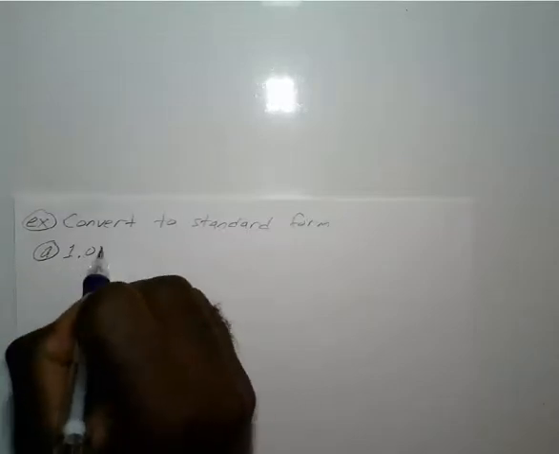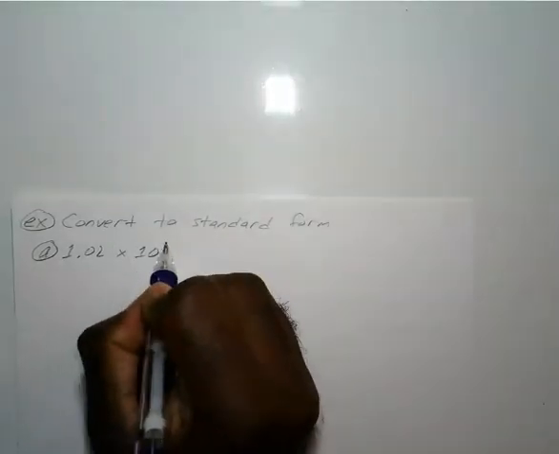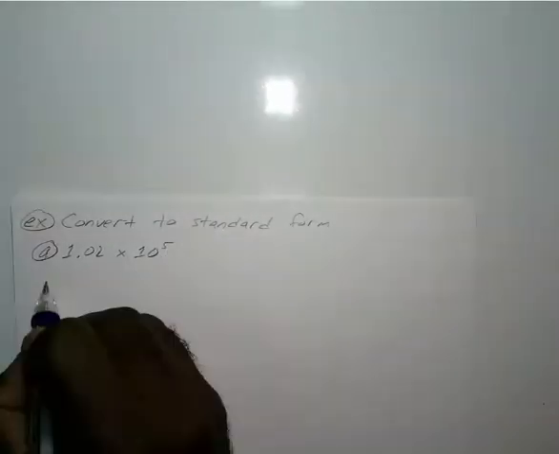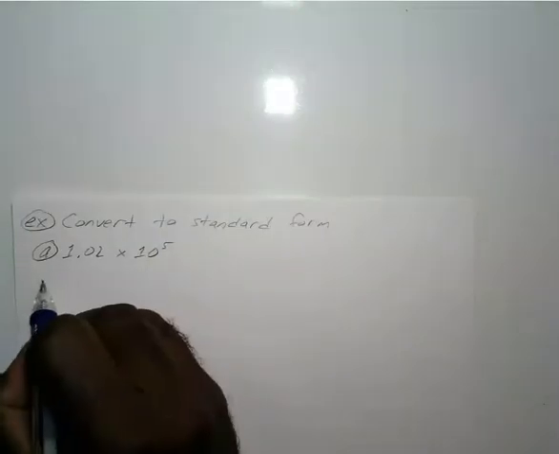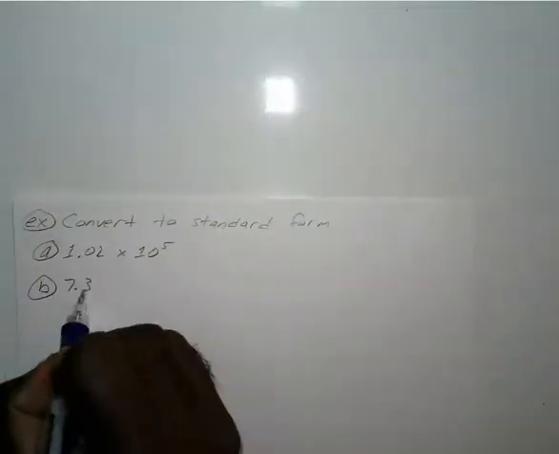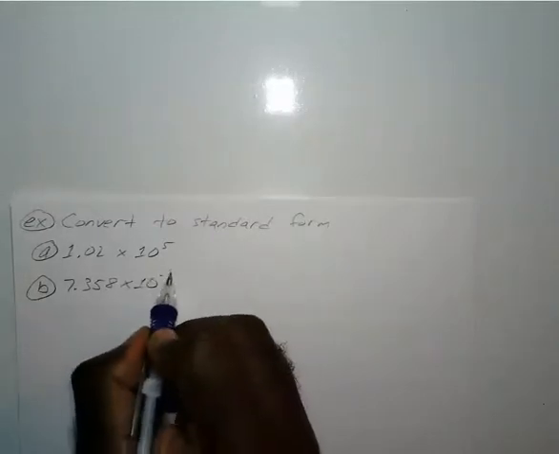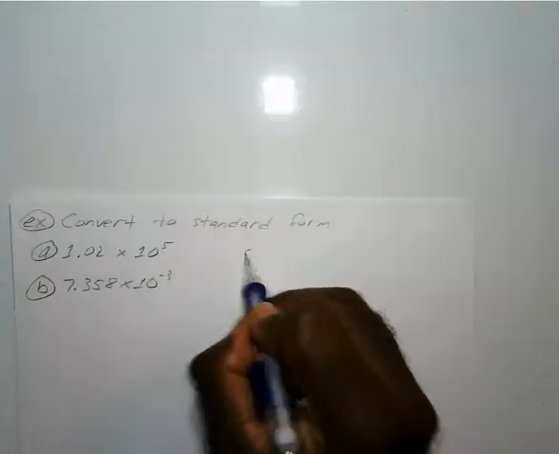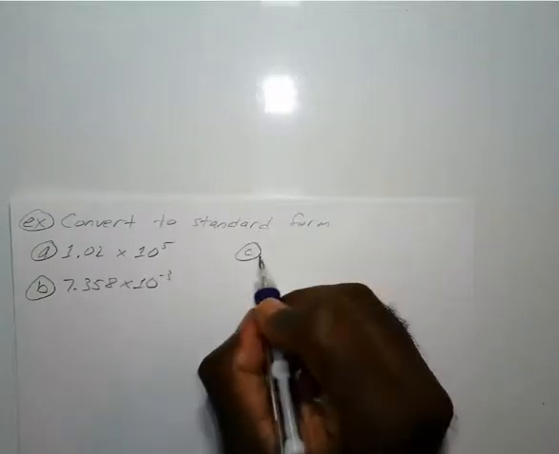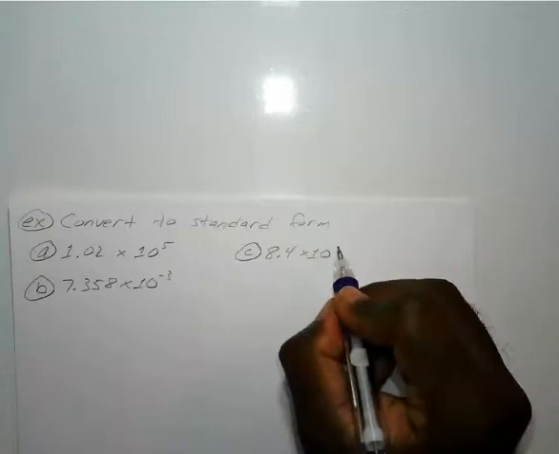Okay, so let's say for problem A, we have 1.02 times 10 to the 5th power. Let's say for problem B, we have 7.358 times 10 to the negative 3 power. Let's say for problem C, you have 8.4 times 10 to the 7th power.